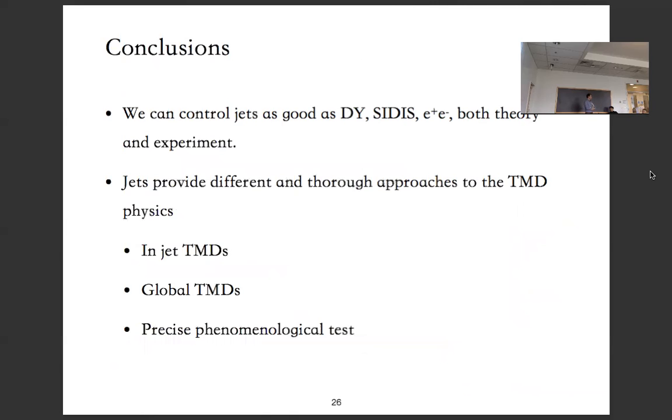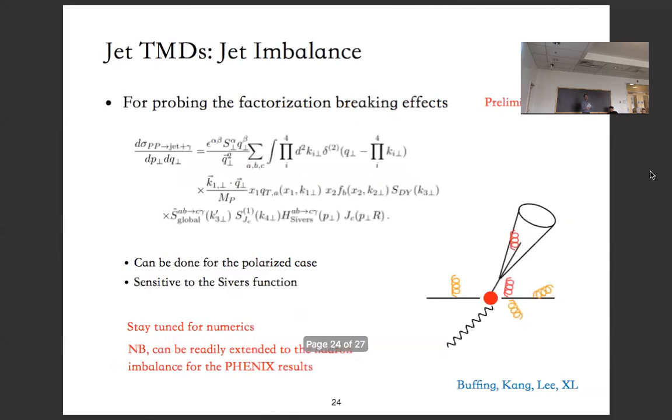A question about your comment that you could apply this to the hadron imbalance at Phoenix. That's a very naive or simple question, but for hadrons, even if they are back to back, the partons don't have to have a small relative transverse momentum, right?